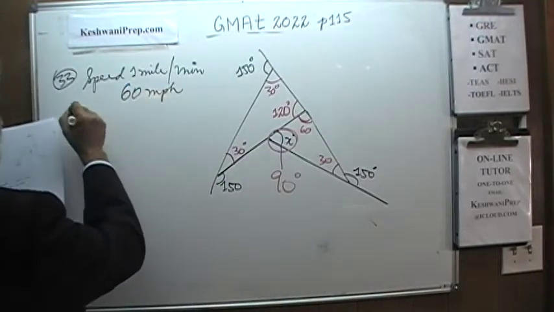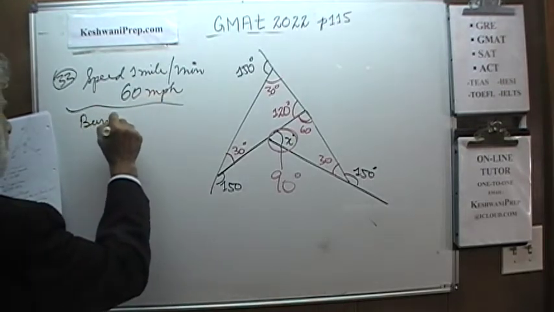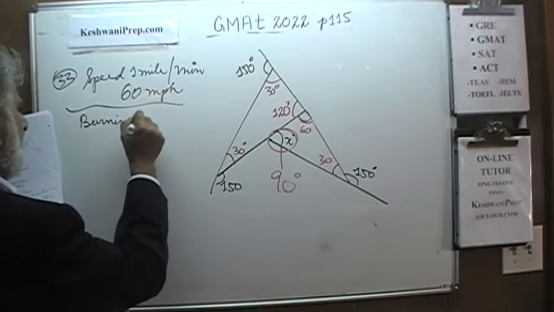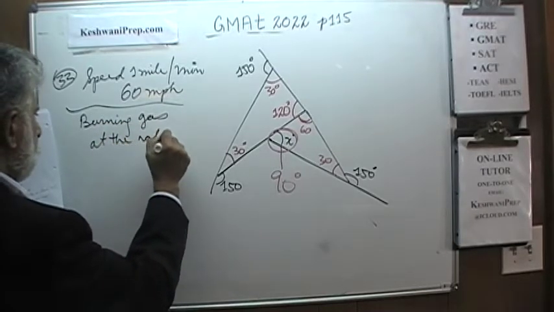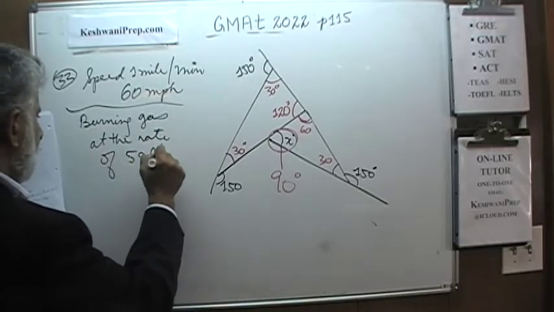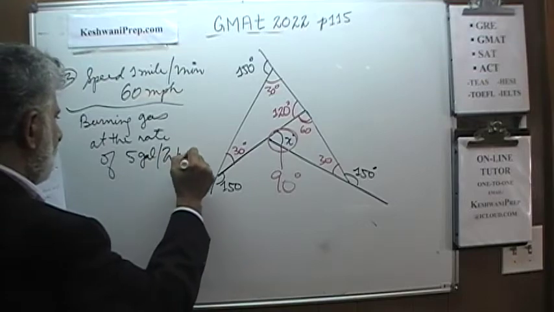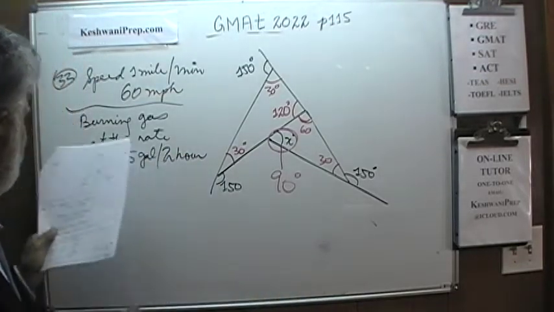We are told that we are burning gas at the rate of 5 gallons every 2 hours. It is not 5 gallons per hour, it's 5 gallons every 2 hours.